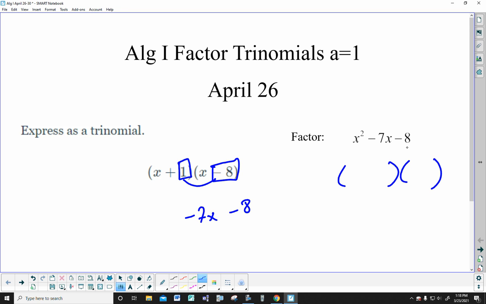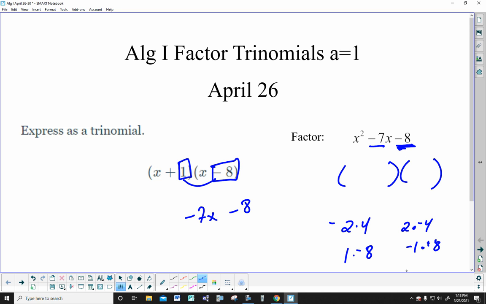So to factor this, you're looking for what two numbers multiply to negative 8, but add to negative 7. Okay, 2 and 4 multiply to 8. Negative 2 and 4, or 2 and negative 4, multiply to negative 8. 1 and negative 8, negative 1 and positive 8 also multiply to negative 8.